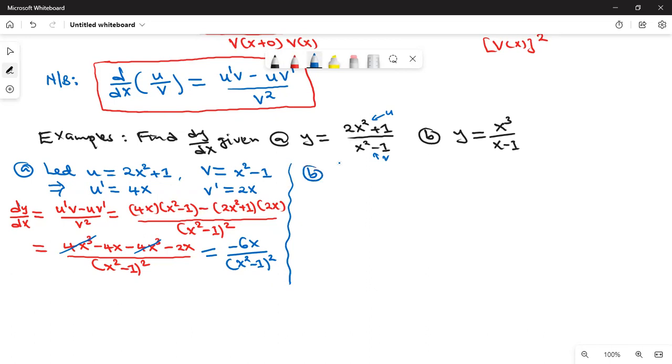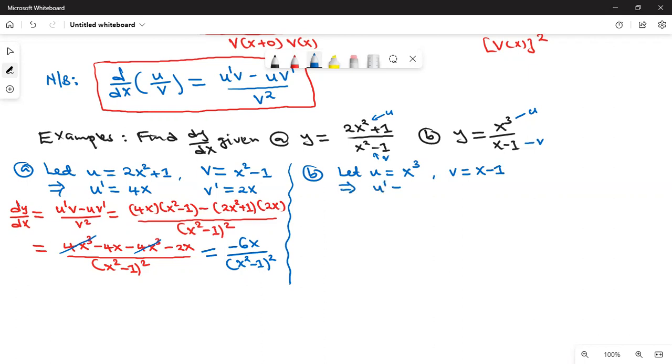In part B, this is our u and this is our v. So let u be equal to x cubed and let v be equal to x minus 1. We need to find u prime.